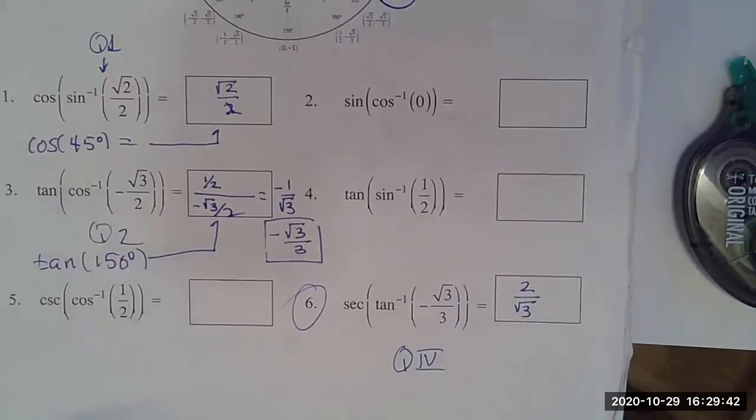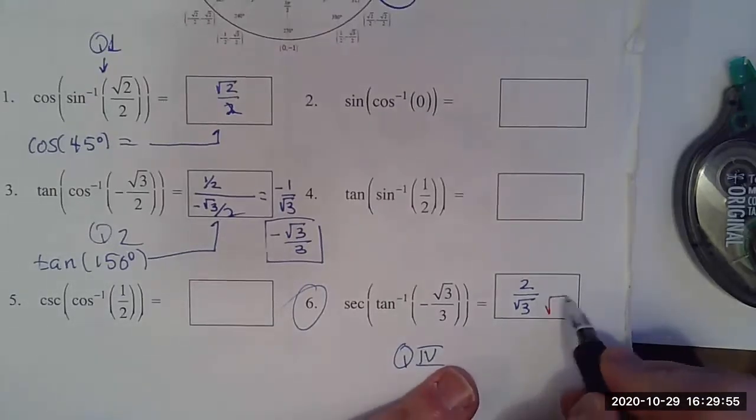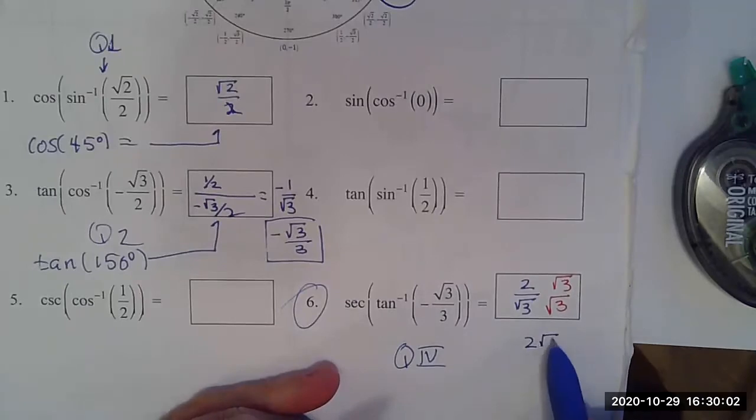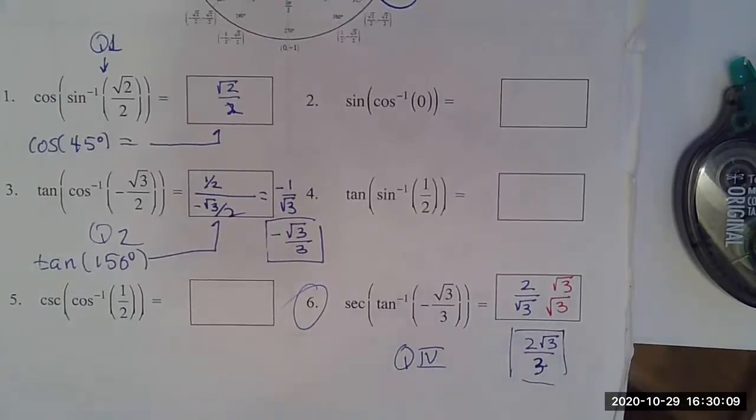Professor? Yeah, Sam? I could have done something wrong, but I think I got 2 root 3 over 3. That's correct. You're okay, because what you did was rationalize the denominator, and probably the back of the book has your answer.